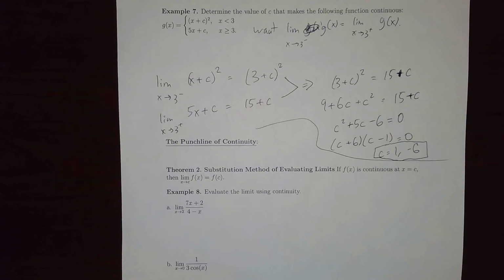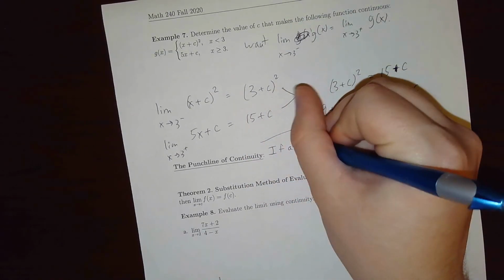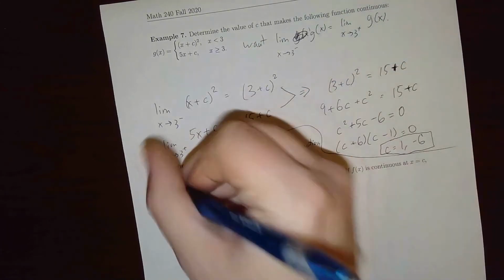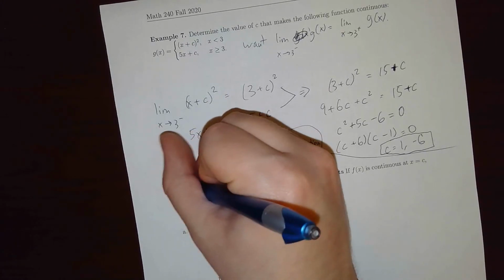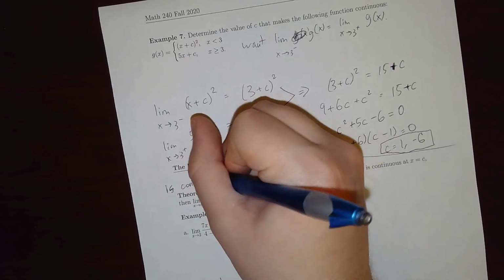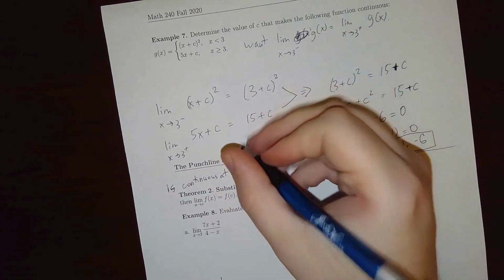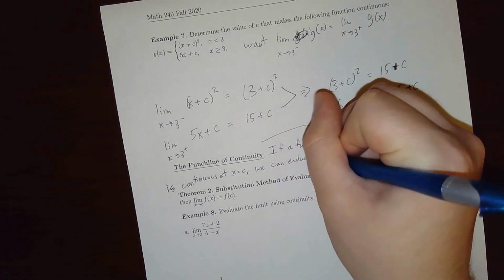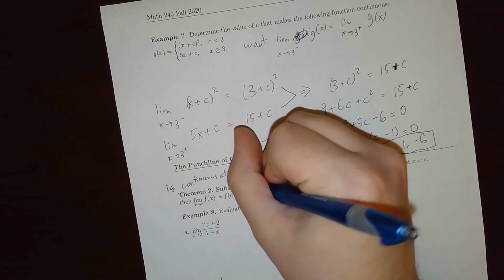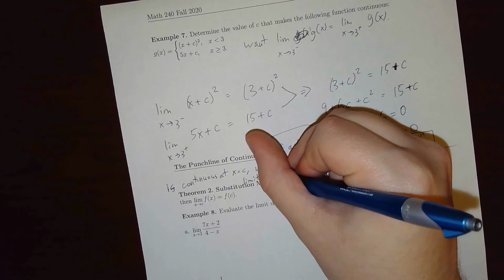All right, so what's the moral of the story with continuity? If a function is continuous at x equals c, we can evaluate its limit by plugging c into f.